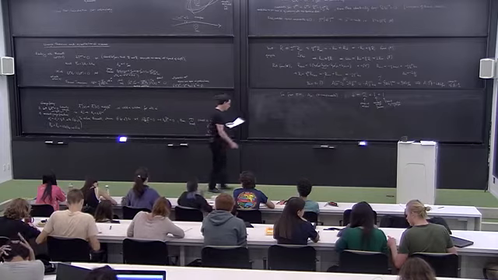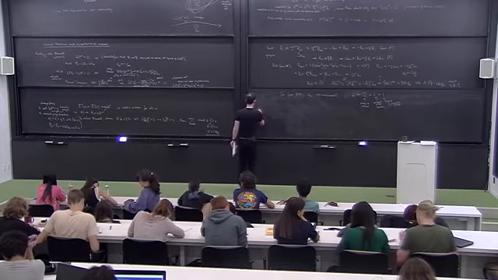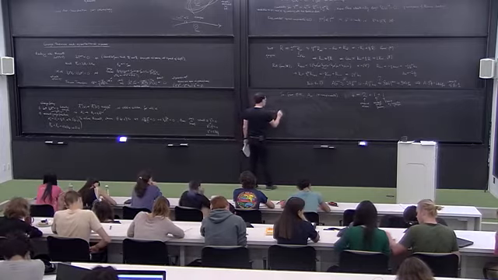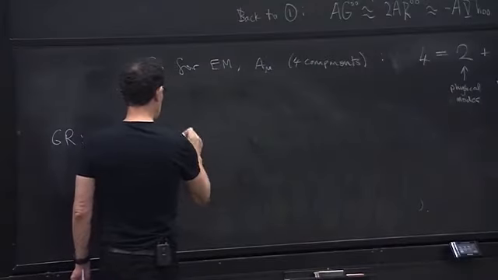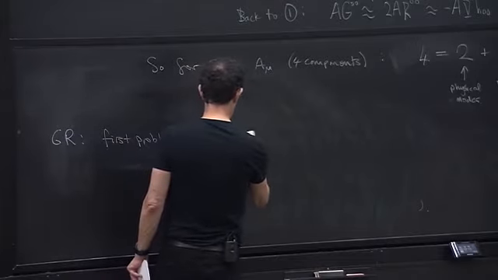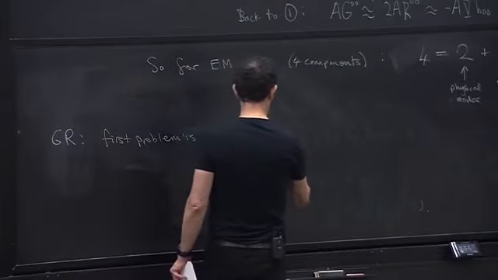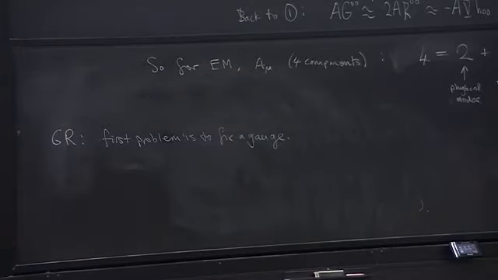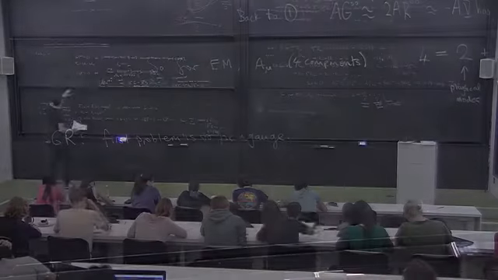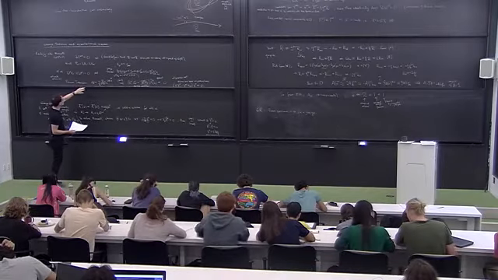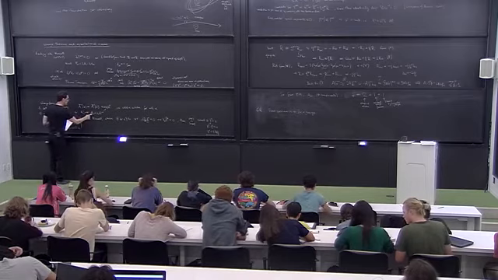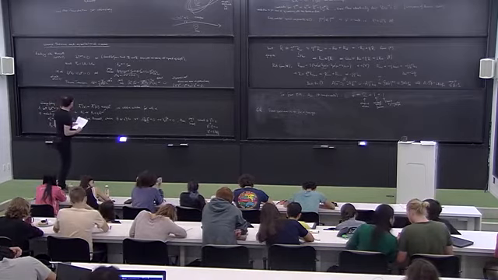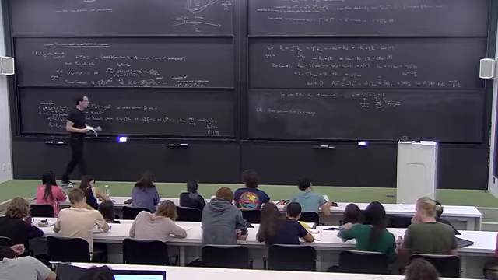Now, in GR, we need to pick a gauge. The first problem is to fix a gauge. Gauge freedom in electrodynamics was a choice we make to remove this freedom under A goes to A plus gradient of something, okay, because the physical quantities are the field strengths.